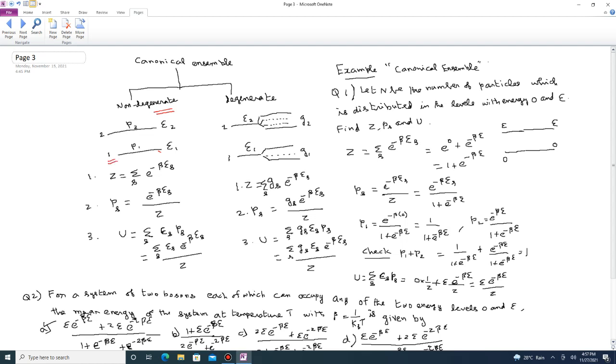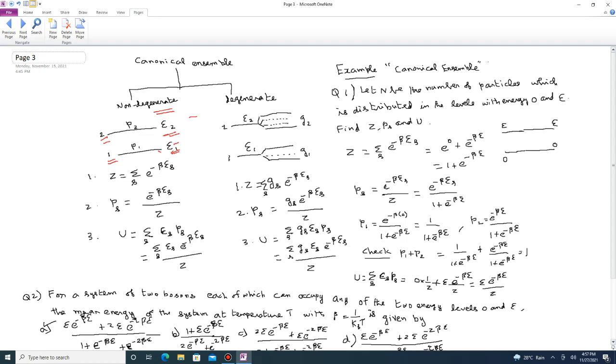Level 1 has energy E1 and level 2 has energy E2. Then there is one state corresponding to each energy level. E1 has only one state, and E2 also has only one state. So the number of states corresponding to each level is single. Such a system we call non-degenerate.